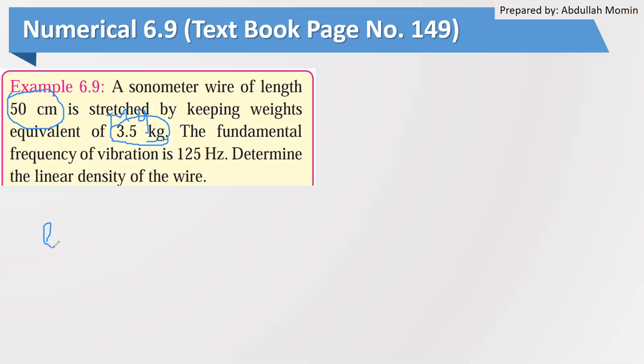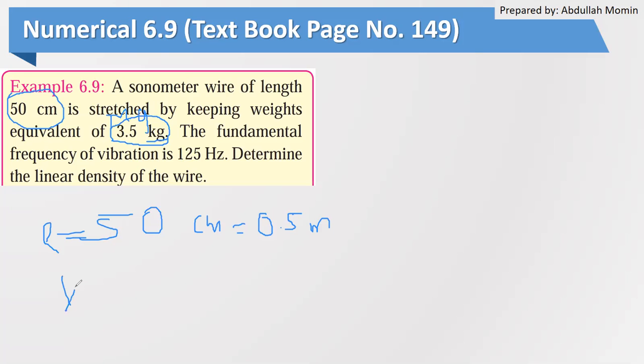So here L is given, which is equal to 50 centimeter, and when it is converted into meter, it can be written as 0.5 meter, and the weight is equivalent to 3.5 kg.